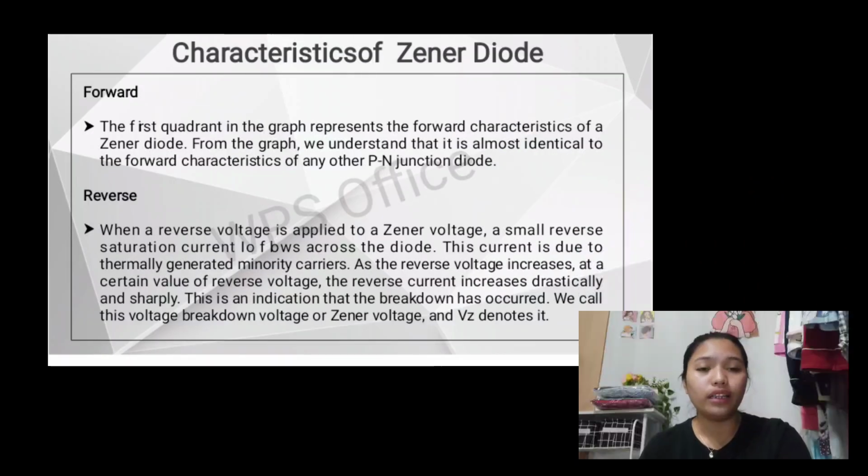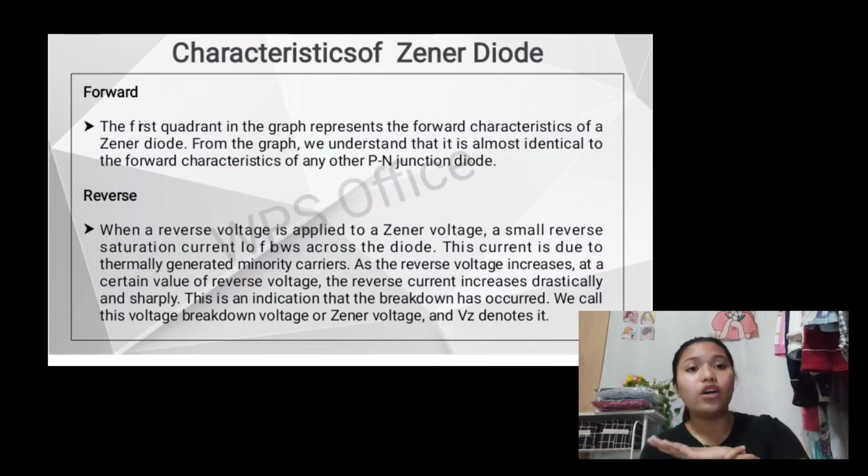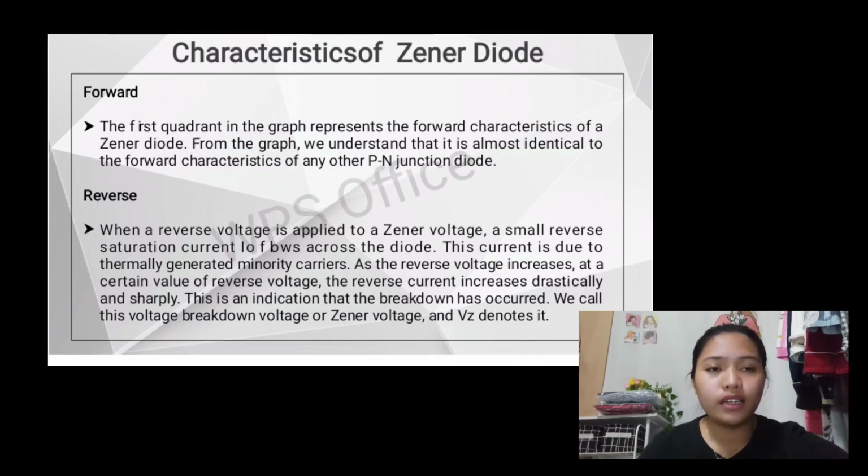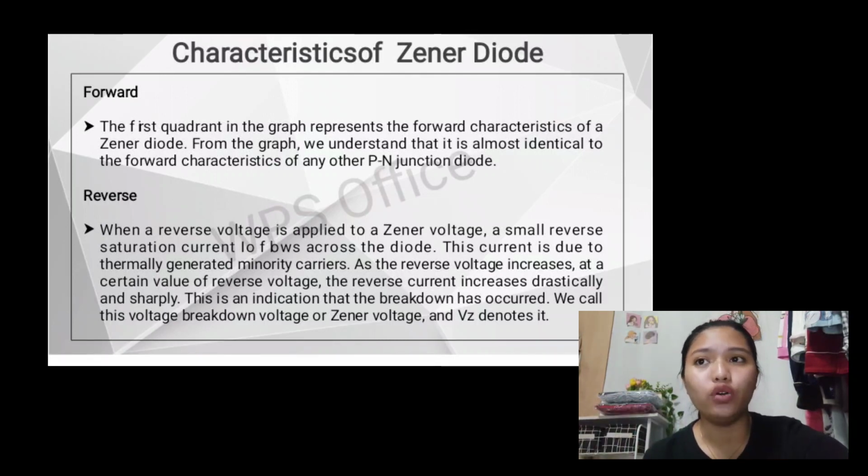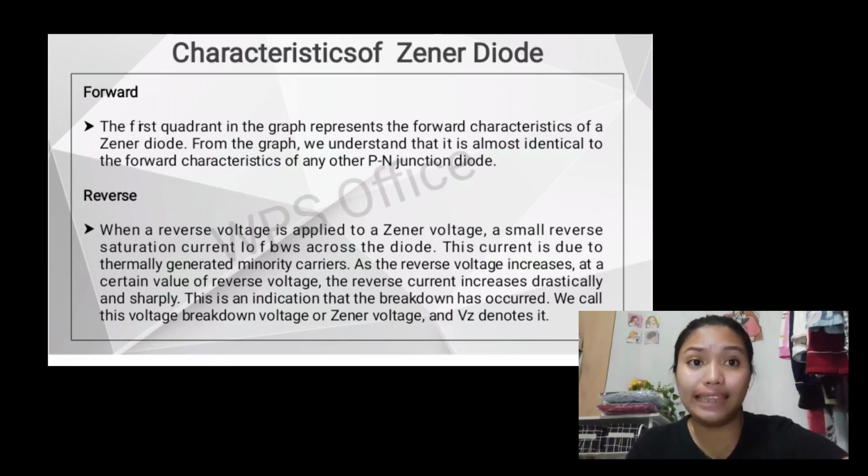Next is the forward and the reverse bias. Forward biasing is the application of voltage across the diode that permits current to flow freely or easily. The reverse bias is the application of voltage across the diode in the opposite direction. In the setup of forward bias, the P side of the diode is connected to the positive terminal and the N side is fixed to the negative side of the battery.